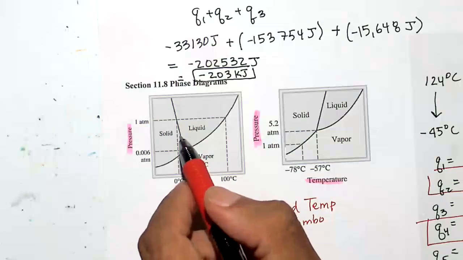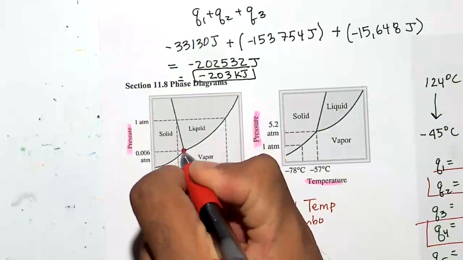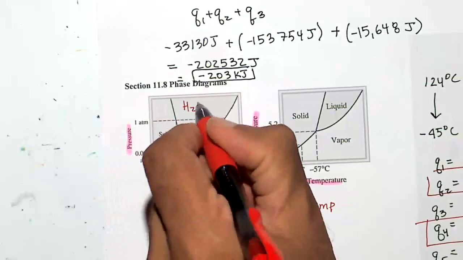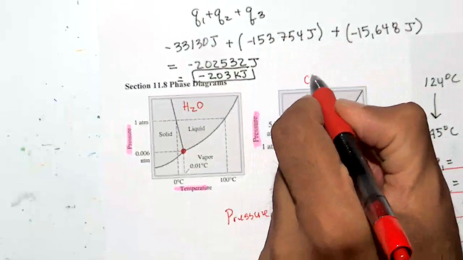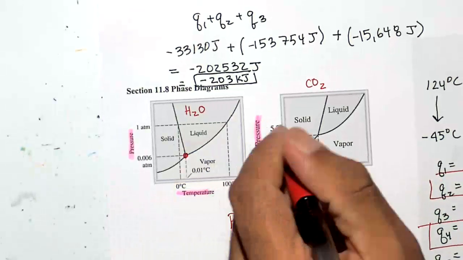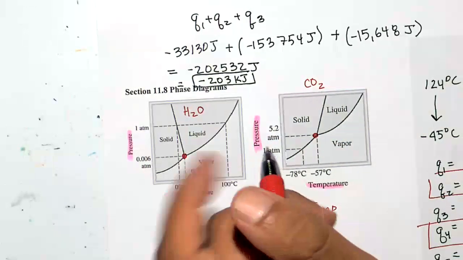At a specific temperature and a specific pressure, you can be solid, liquid, or gas. This is for water. This is for something else. I think this is CO2, but that's not important. At a specific temperature and pressure, you can be solid, liquid, or gas for CO2.